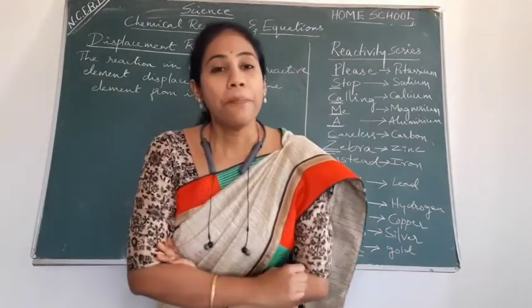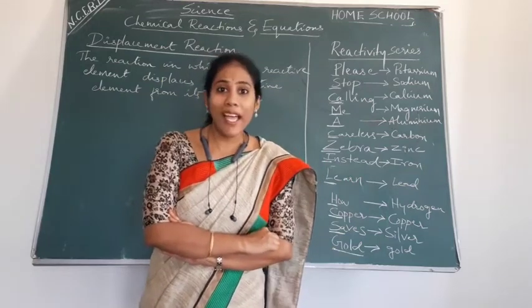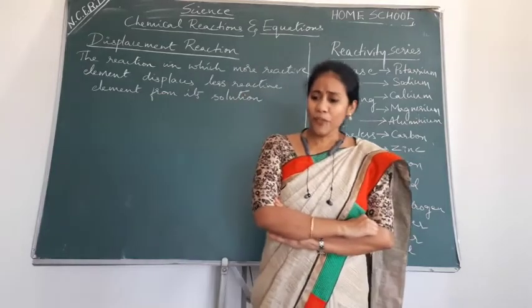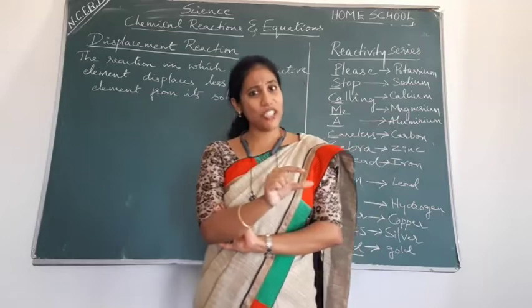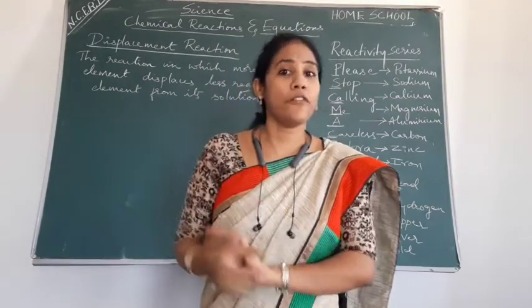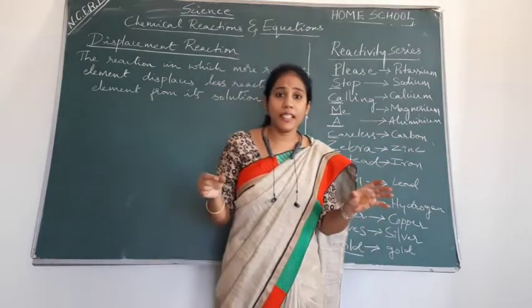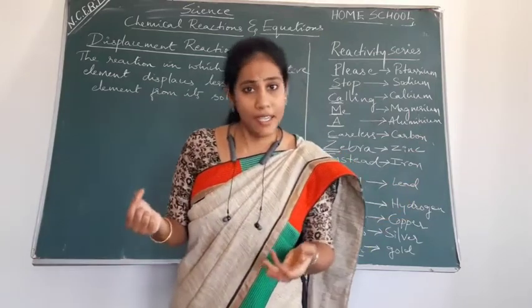I gave you the periodic table, where I have mentioned so many elements also. Scientists have arranged those elements in the increasing order of their reactivity. Among the elements present in a periodic table, few elements are more reactive and few elements are less reactive.